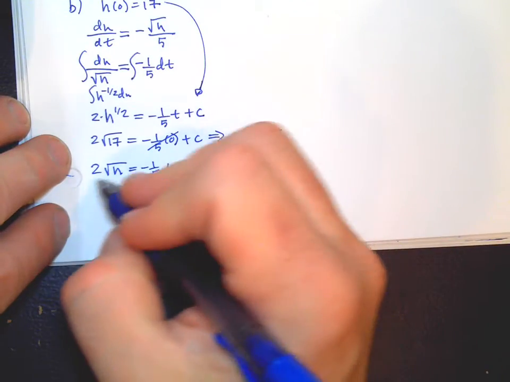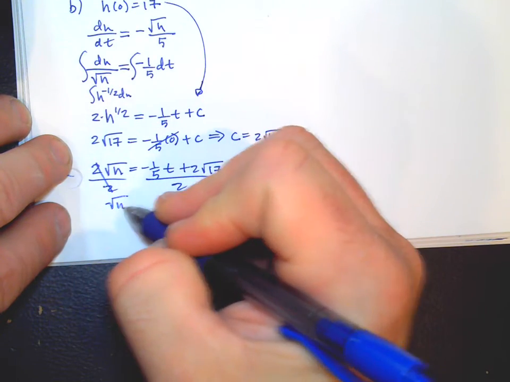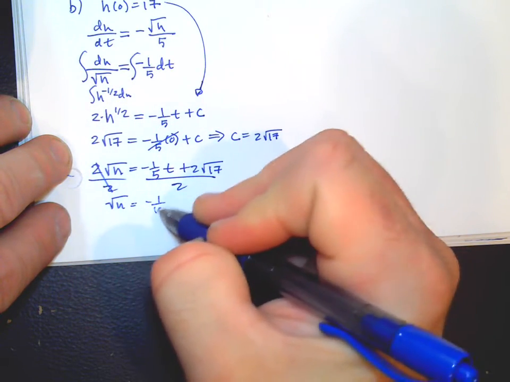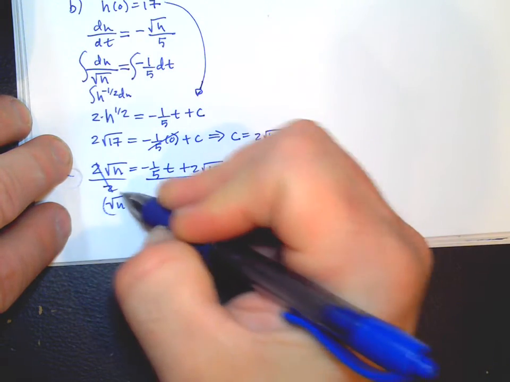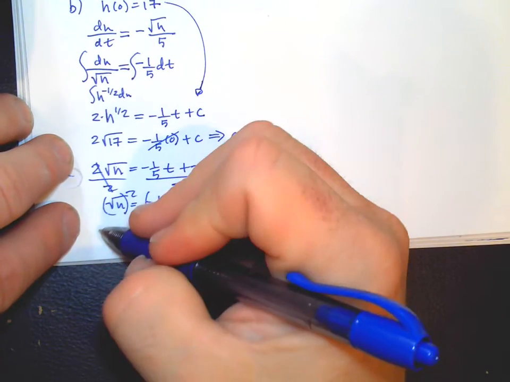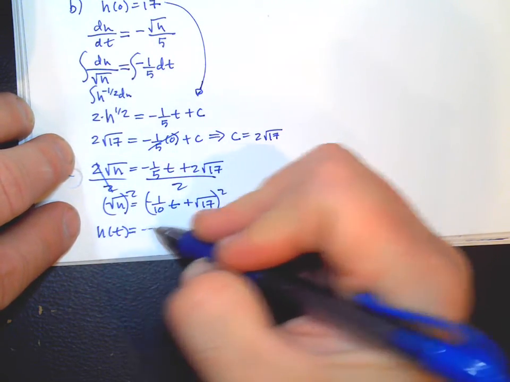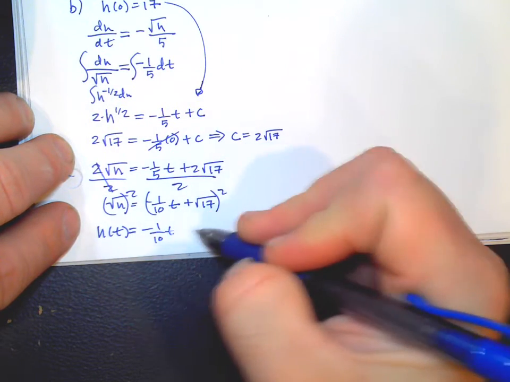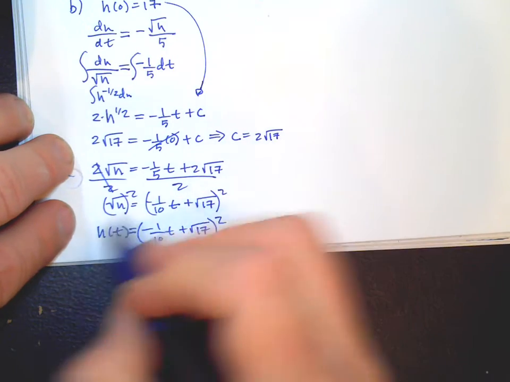We're going to divide both sides by 2. And then we are going to square both sides. And h of t equals (-1/10 t plus the square root of 17), all squared.